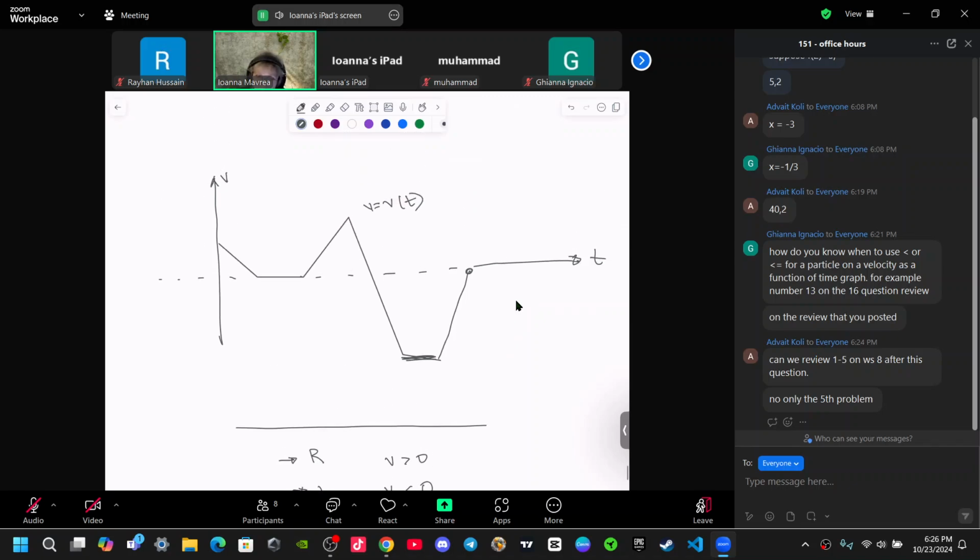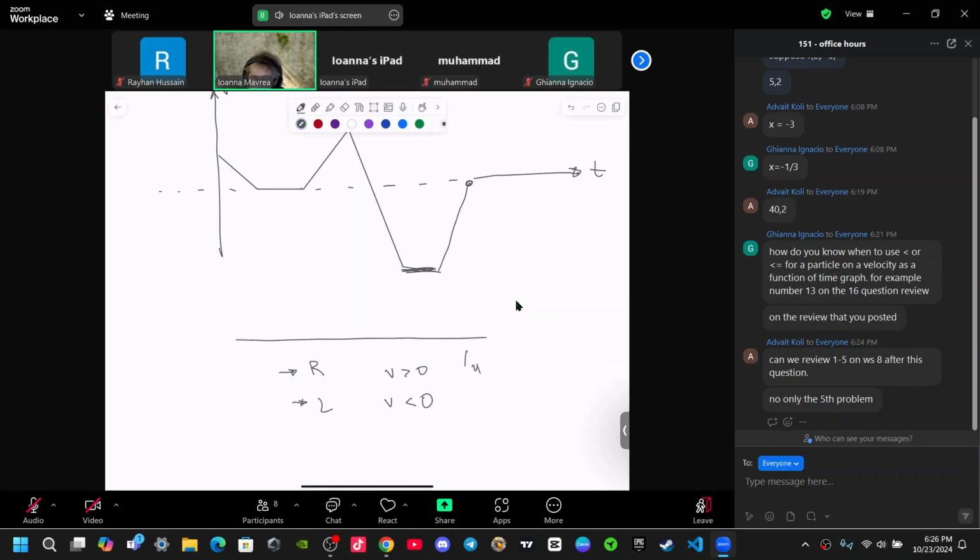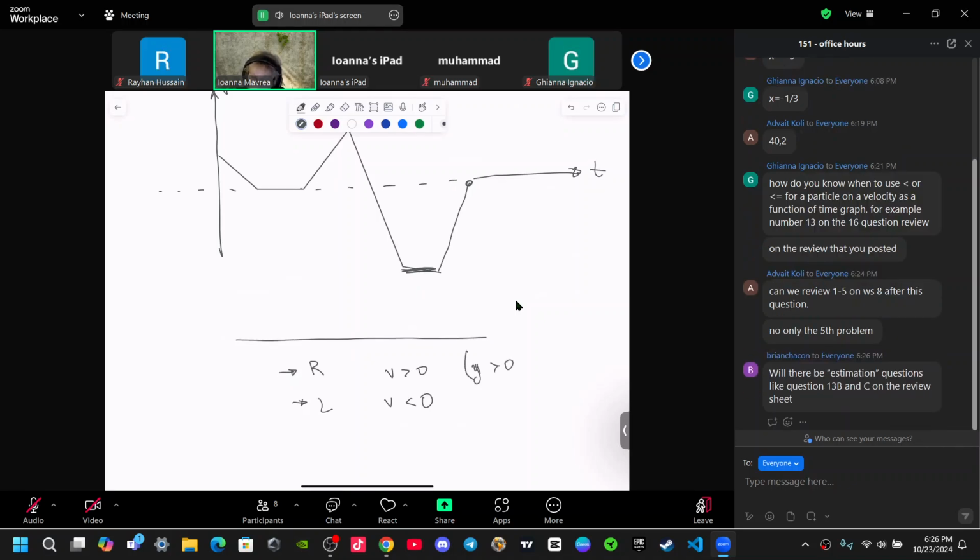Velocity is the y coordinate here on the graph. So if the y coordinate is positive, then you're moving to the right. If the y coordinate is strictly negative, you're moving to the left. And what's happening when the y coordinate is 0?